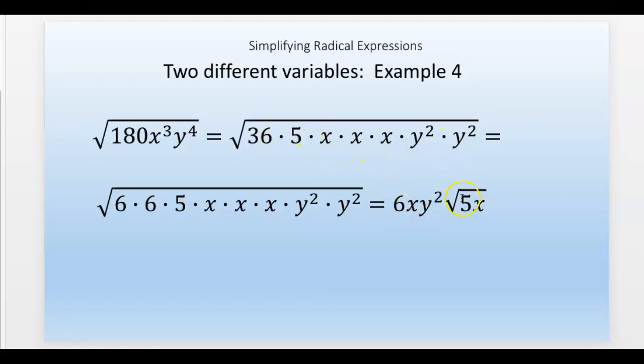The 5 stays inside. There are 3 x's, so 2 of them can be eliminated by taking 1 outside. And then there's 2 y squared, so we can eliminate both of them by taking 1 outside again. All that's left inside is 1 x and 1 5. Okay?